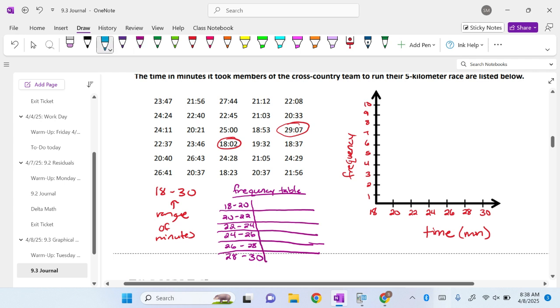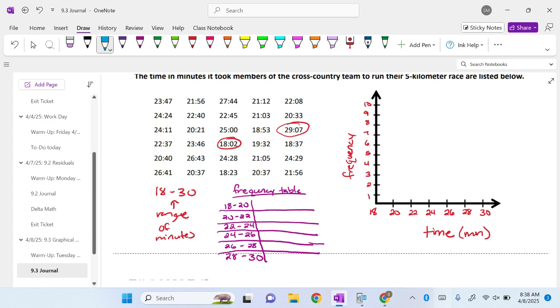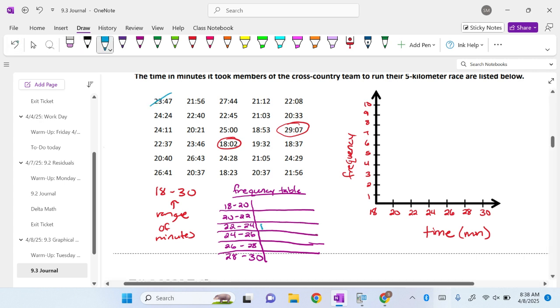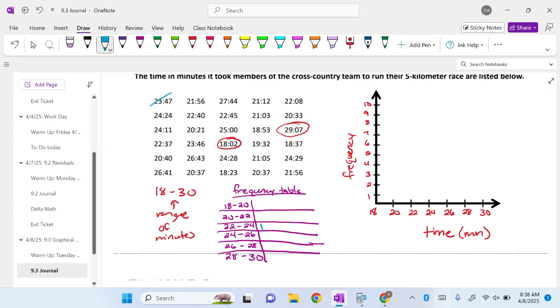So our first number, 2347, where does that fall between? So time 2347, what two numbers is that number between? 22 and 24. So we're going to put a tick here. All right. What's the one below that? What's it between? 24, 26. The next one down, what's that between? 24, 26.